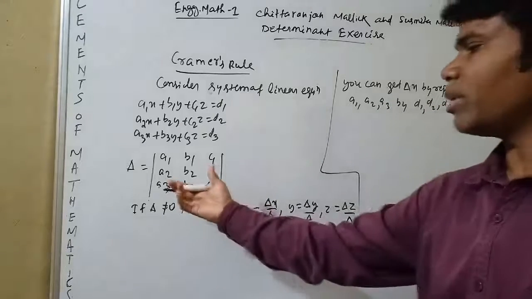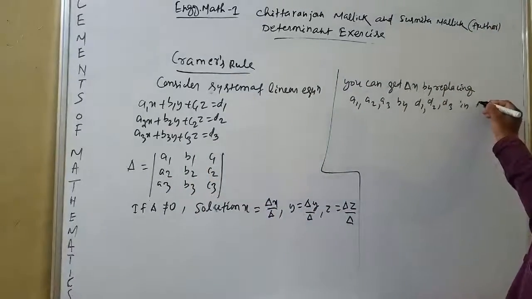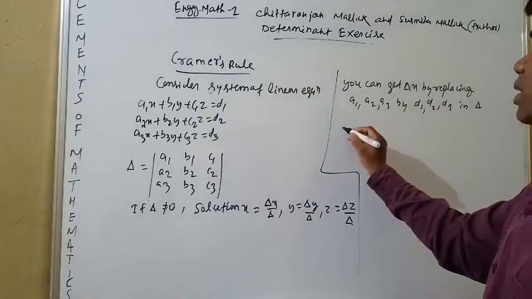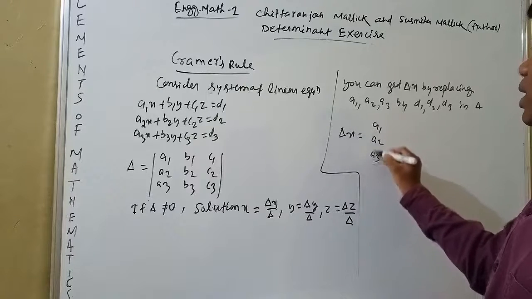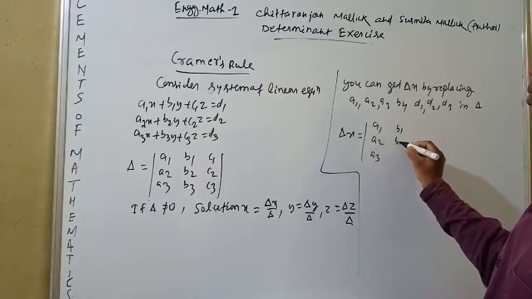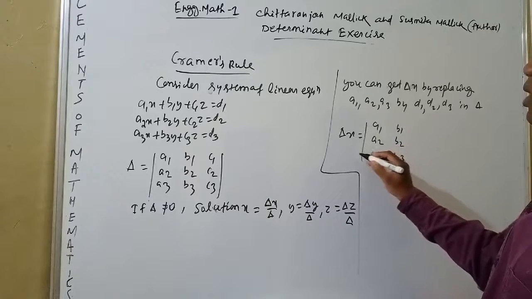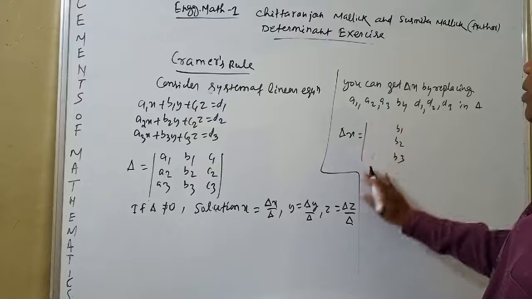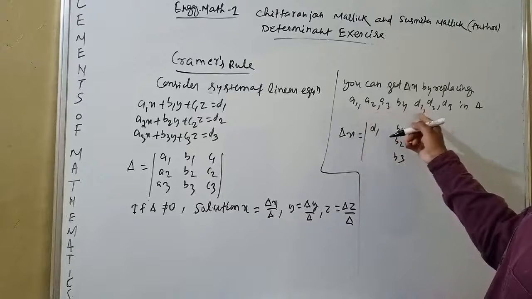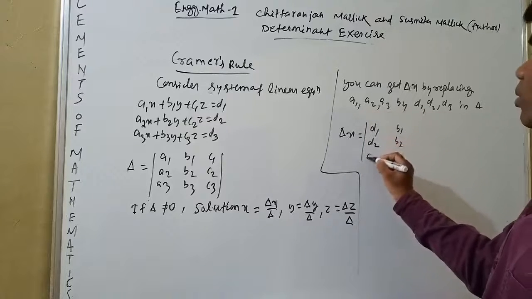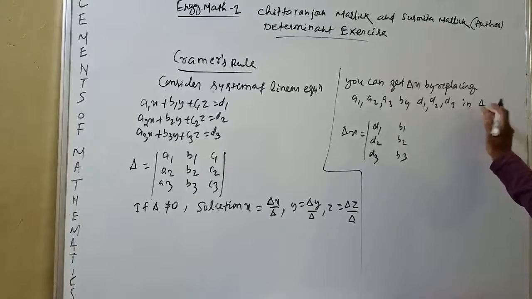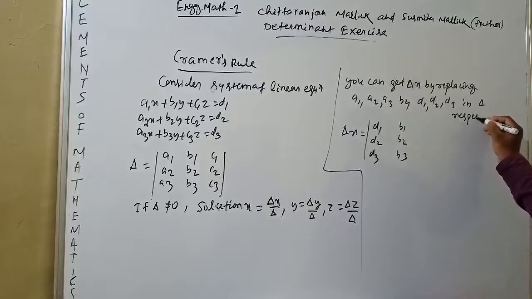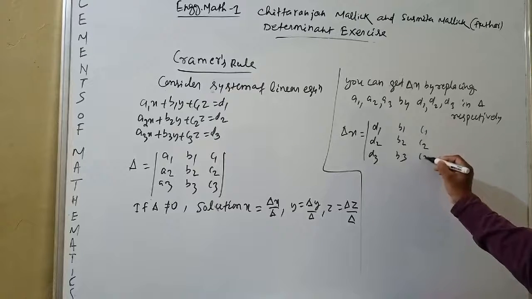That means del x is equal to the determinant with the first column d1, d2, d3, then b1, b2, b3, then c1, c2, c3.